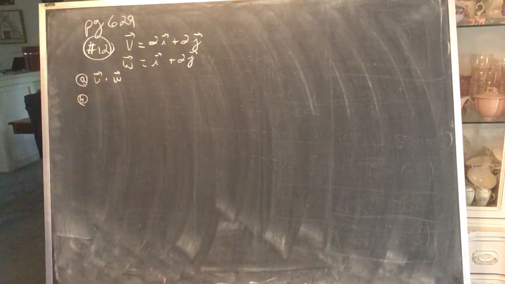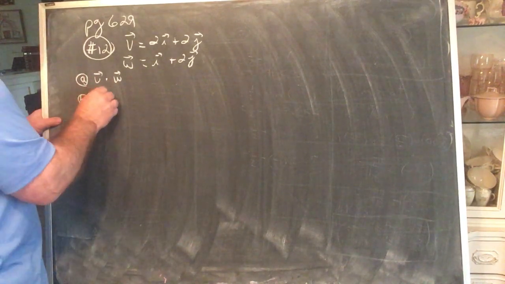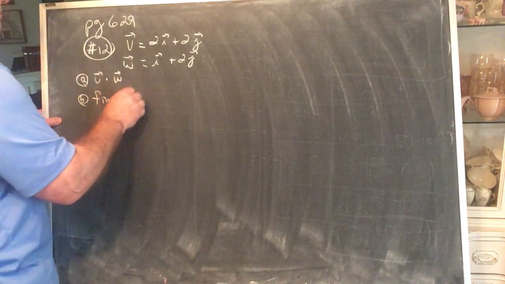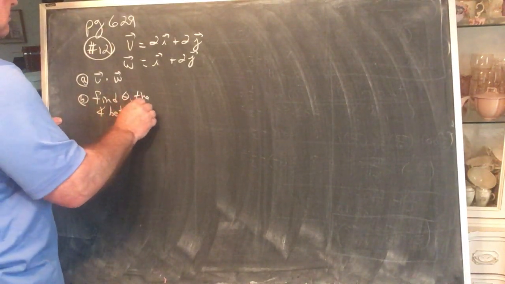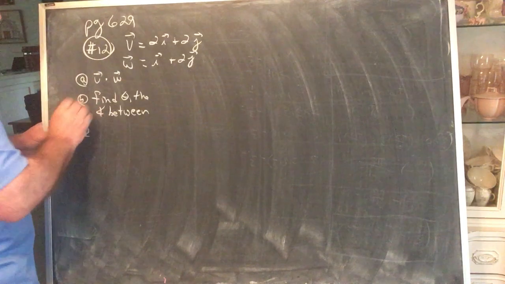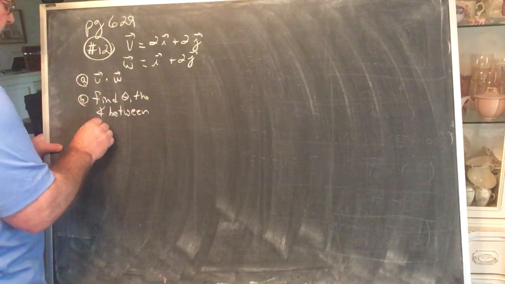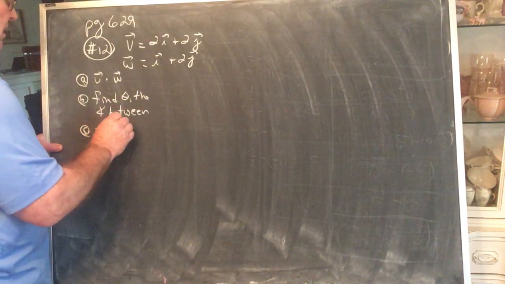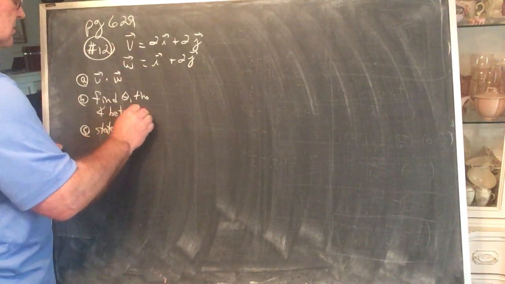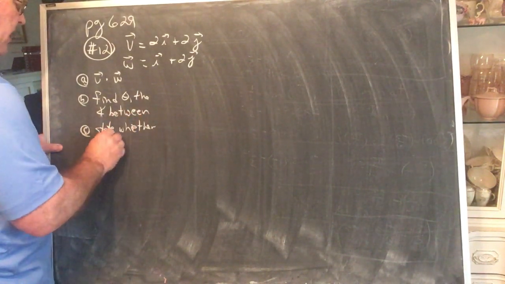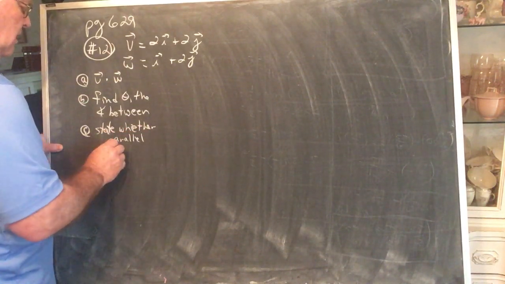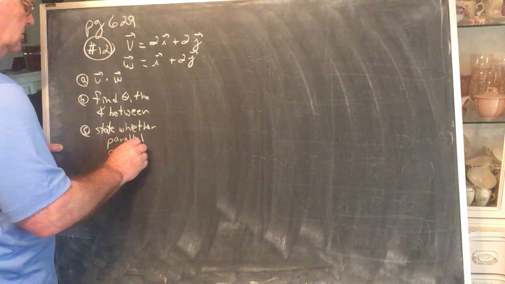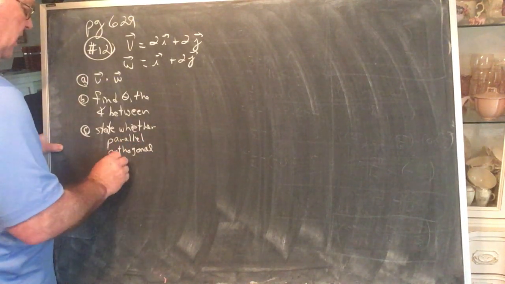Part B is to find the angle between them, and then third, state whether these vectors are parallel, orthogonal, or neither.